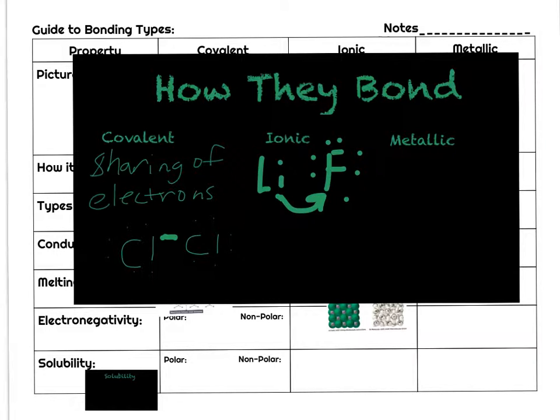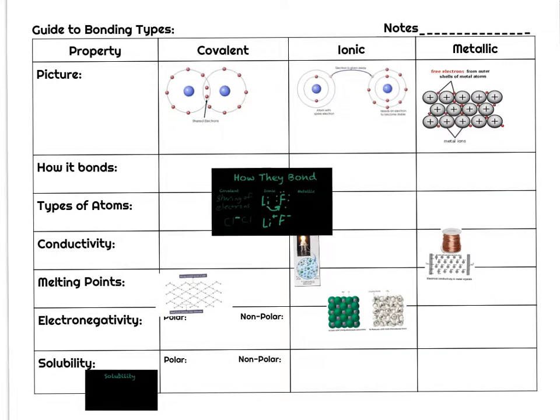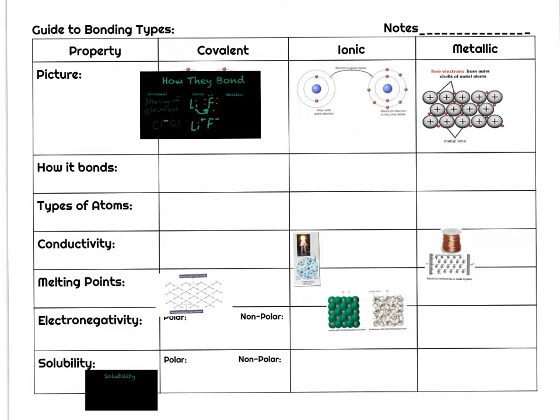Okay, what happens then is we have a lithium with a positive charge and a fluorine with a minus charge, and essentially they just stick together. So in your box down here you can write, it really is an electrical attraction.